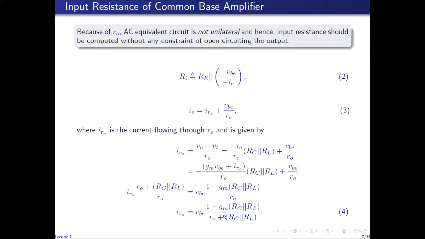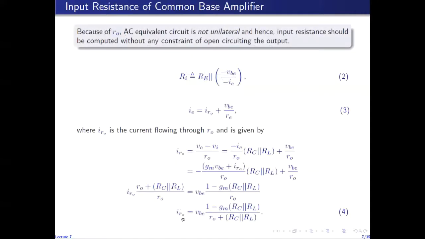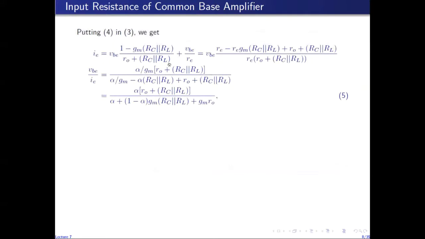So when I put this equation back here, I will get this expression. So here, what I've done is I have replaced IR naught with this expression, and after taking the LCM and taking this VBE out common, I get this factor.